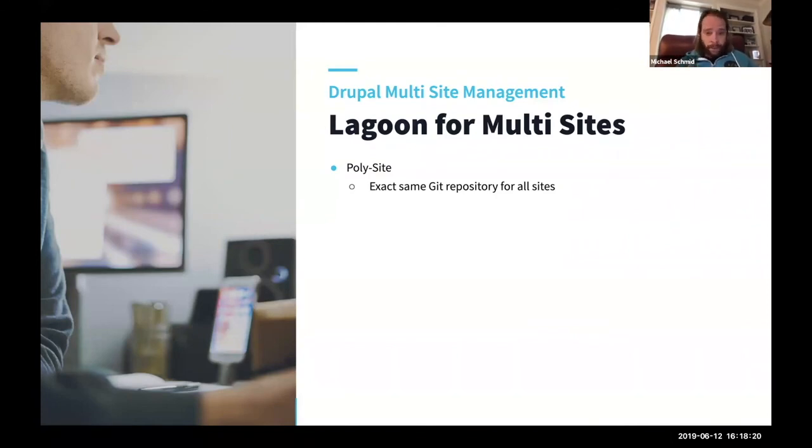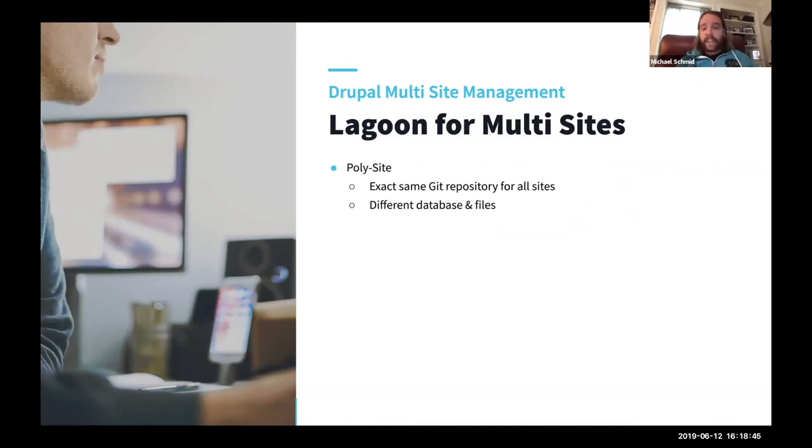Polysite is built exactly for that, where you can deploy the same Git repository for 10, 100, 1,000 sites, and still have different databases and files for each of these sites. As mentioned, that's a special case, or probably more a narrow case, but we see that this is definitely used out there and can solve a lot of the issues because you have one Git repository that deploys multiple sites.